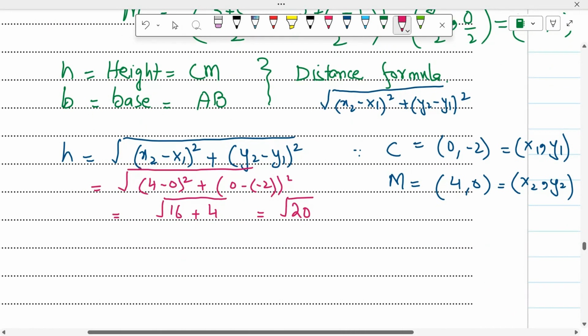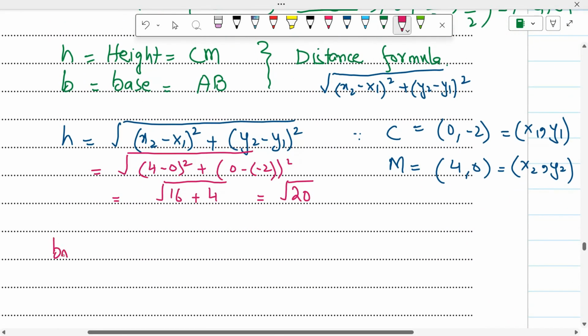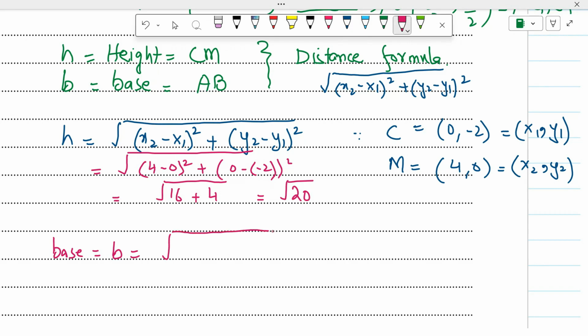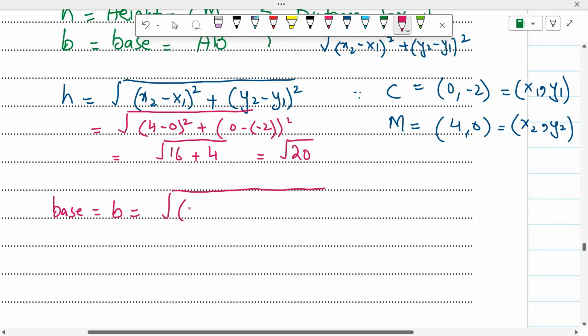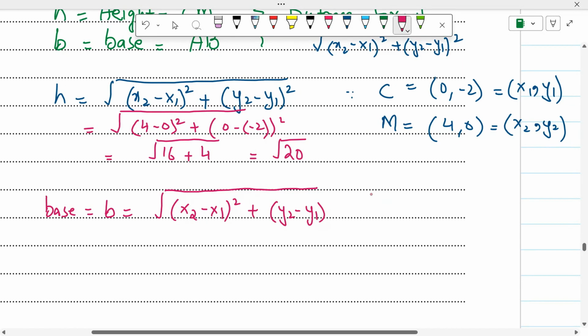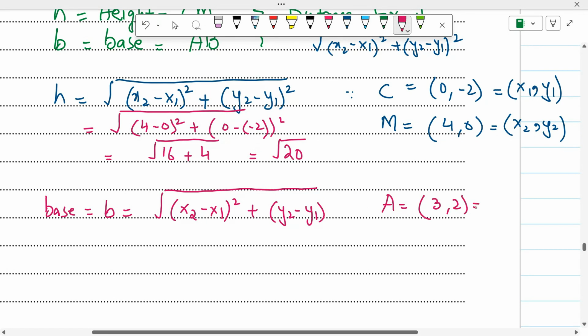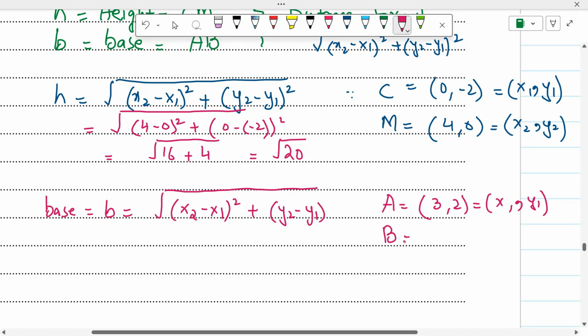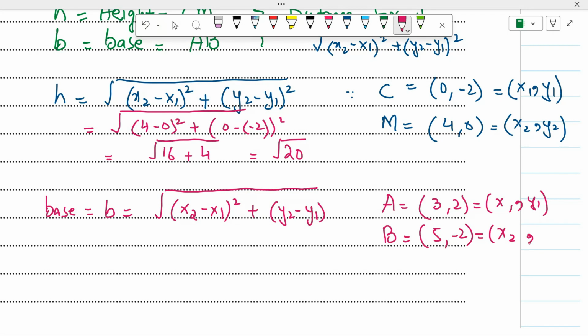Now we need to find the base, B, which is the distance AB. Again using the distance formula, (x2 minus x1) whole square plus (y2 minus y1) whole square. In this case, A is 3 comma 2, which is x1 comma y1, and B is 5 comma negative 2, which is x2 comma y2.